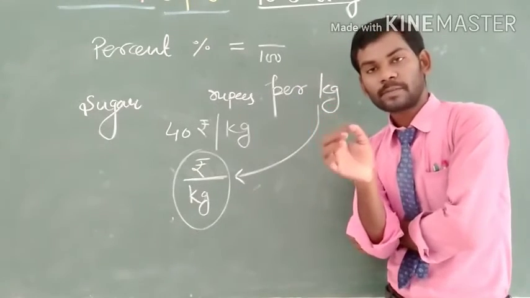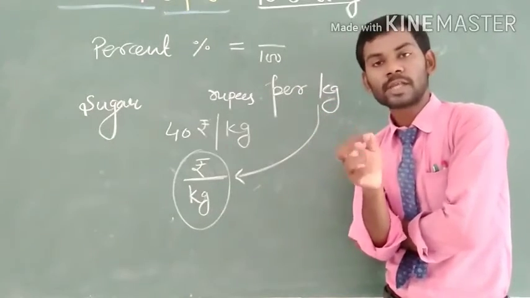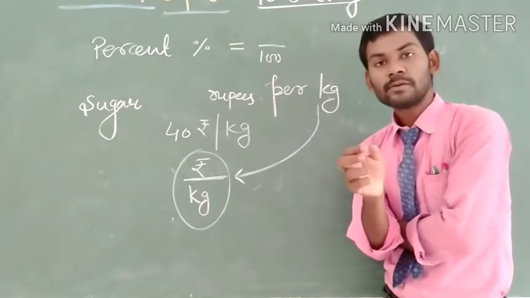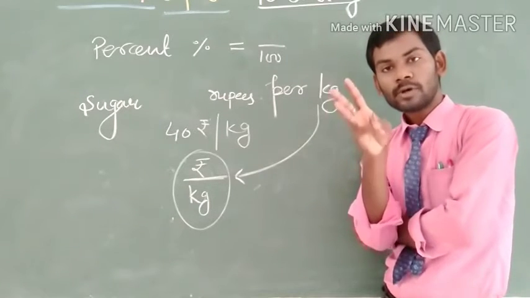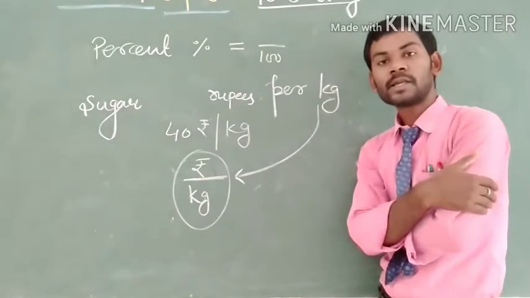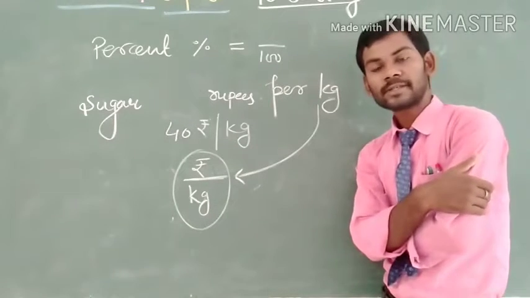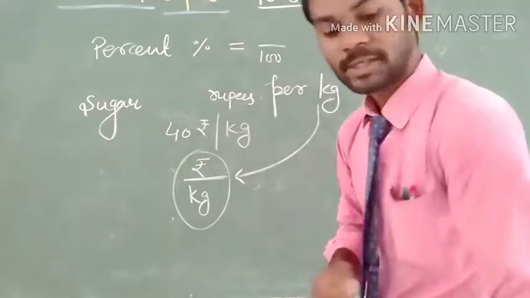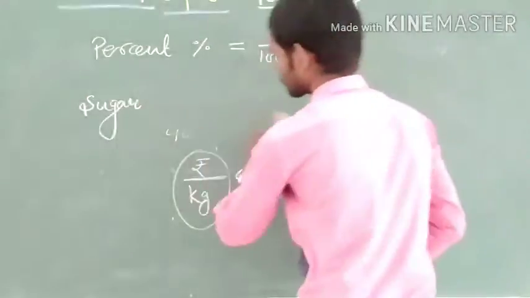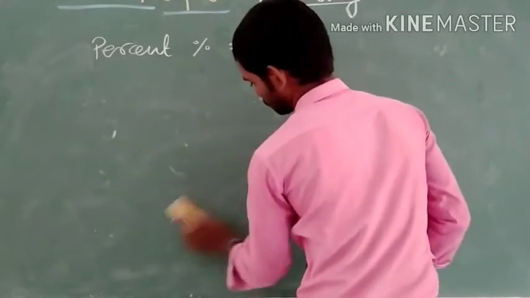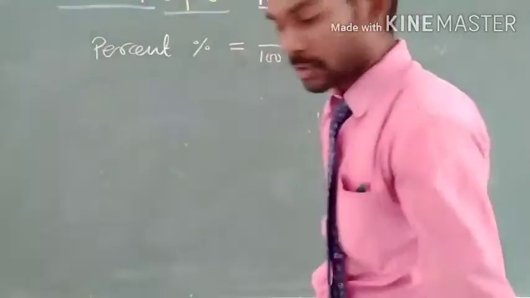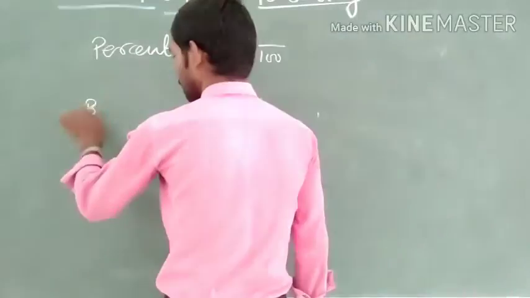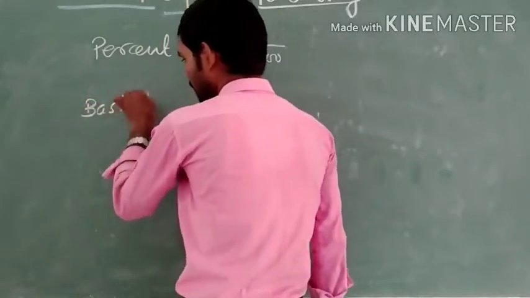In mathematics, to learn something new, we pass through three steps. Let me explain. The first is basic.